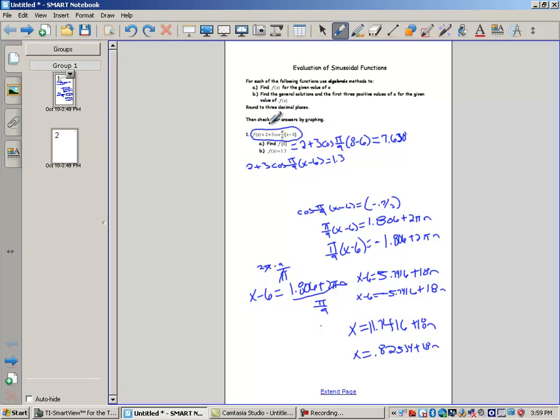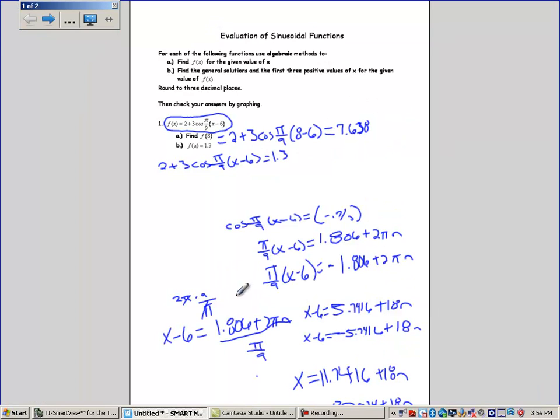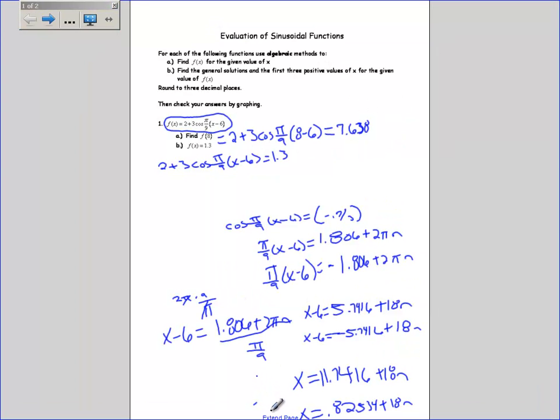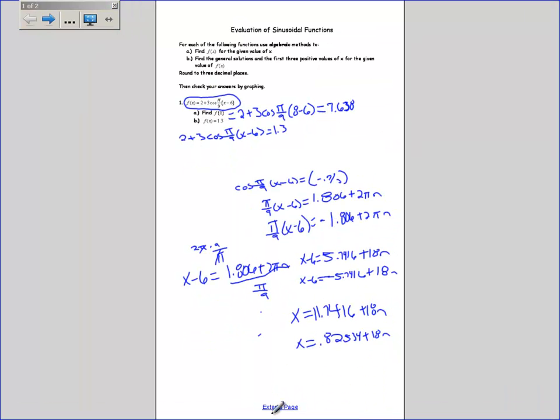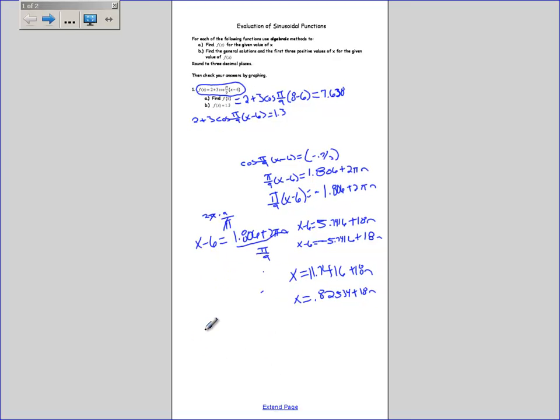Alright, and now that is going to be the general solutions, and we have to find the first 3 positive values. So let me get down here so I can extend the page. Alright, so the first 3 positive values. Well, the first answer is 0.82534. And the next answer is 11.7416.